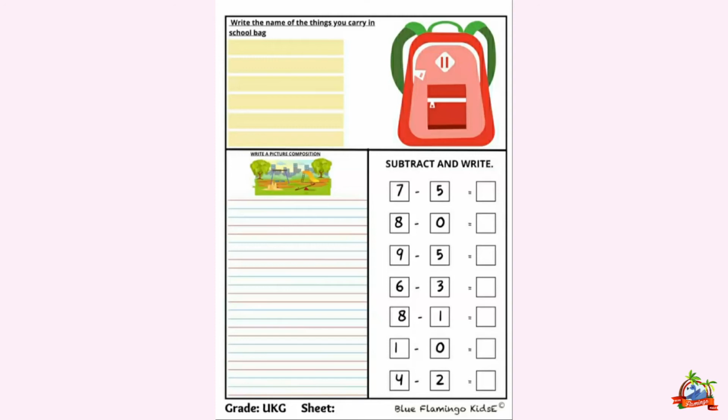I for ink pot. J for jug. J for joker. K for kite. K for kennel. Kennel is a place where a dog lives.